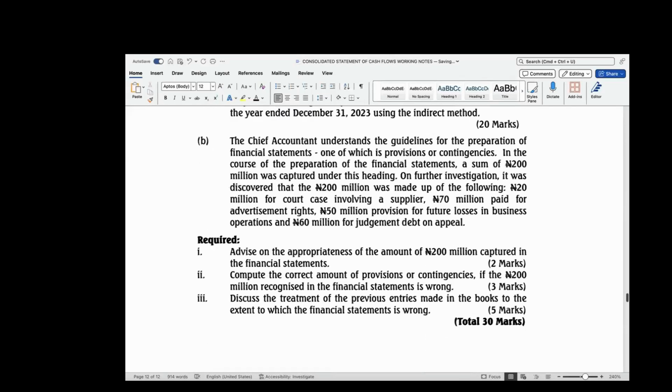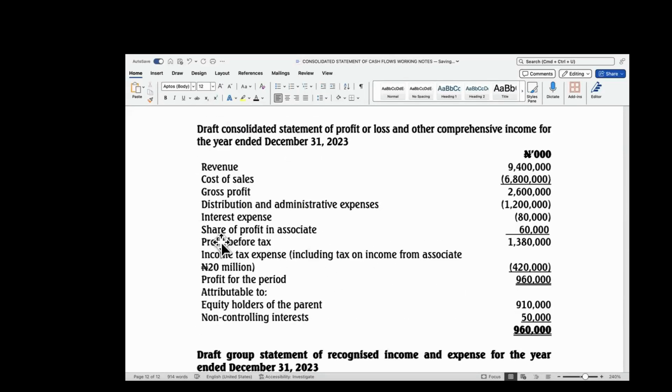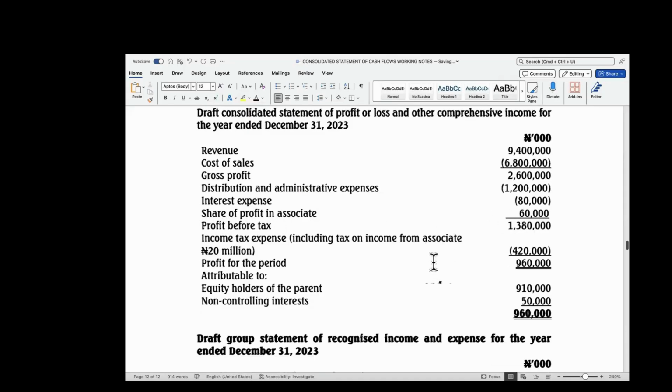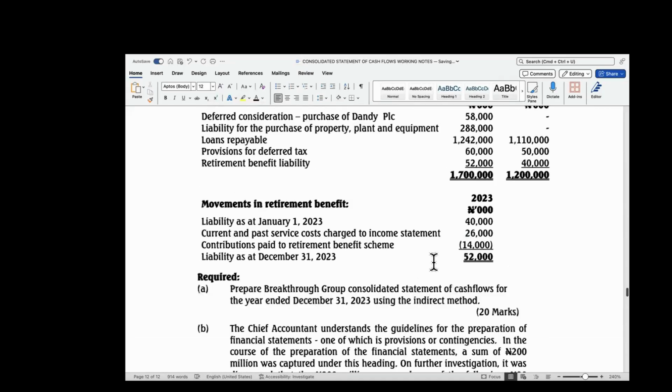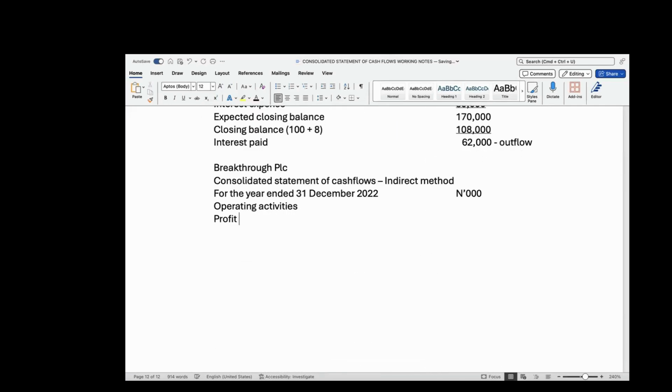Operating activities. So in my P&L, what's the first item? I have my profit before tax of 1,380. I need to move back to profit from operations.